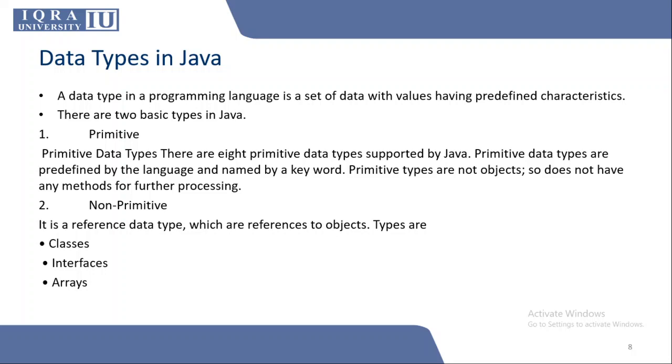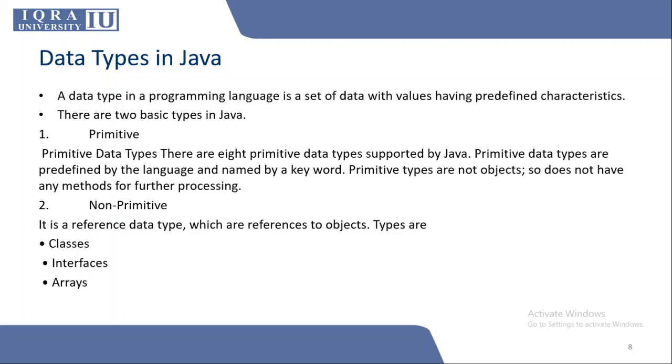There are two basic types in Java: primitive and non-primitive data types. Primitive data types are those that are not objects.